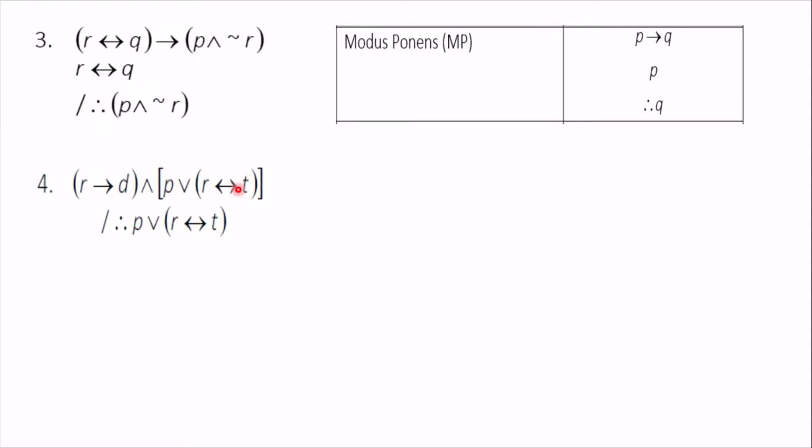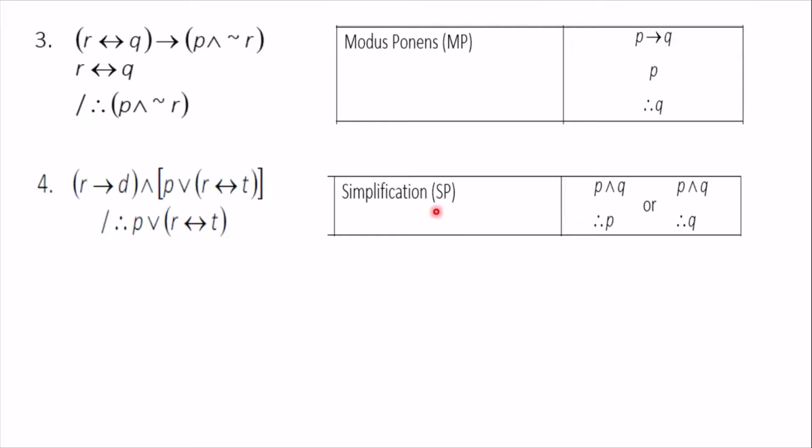Pero, nasaan yung first statement dito? Nawala kasi ang ginamit lang na rule is the simplification. Whenever we have simplification rule, we can get the P or the Q. So, yun po yung simplification.